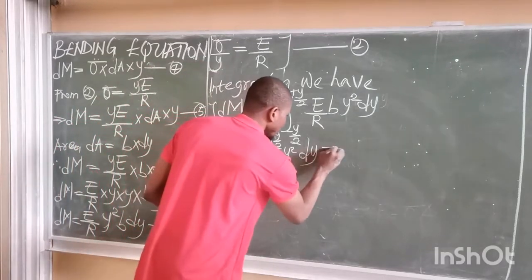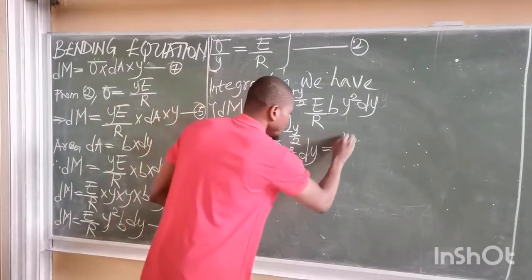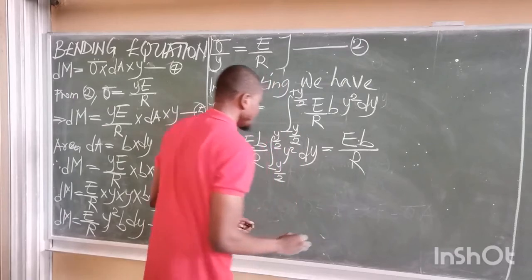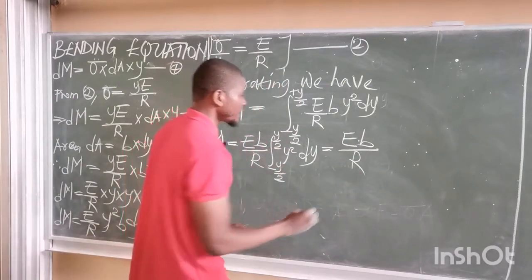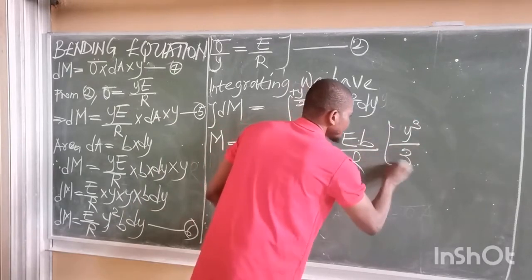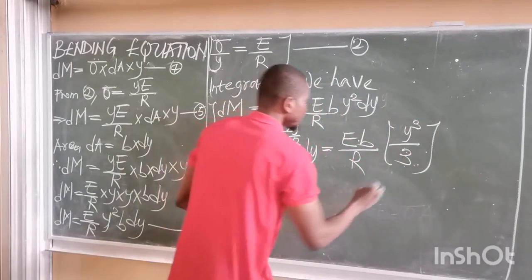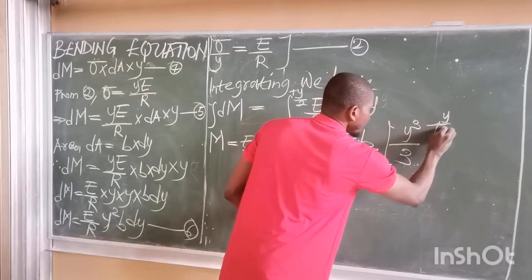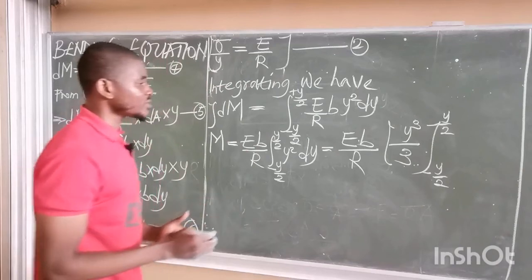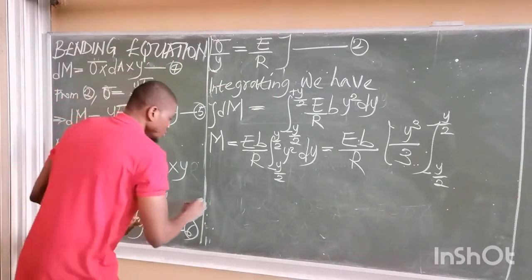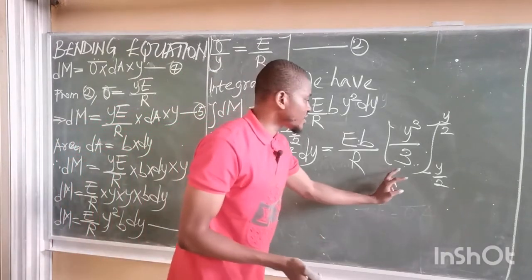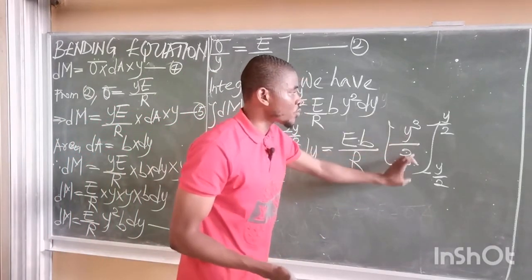So this is now equal to E B over R. Okay, if I integrate y squared, I will simply have y cubed over 3. The limit remains y over 2 to minus y over 2. So moment is now equal to, let's now send this 3 out of this sign so that I will be left with y alone.